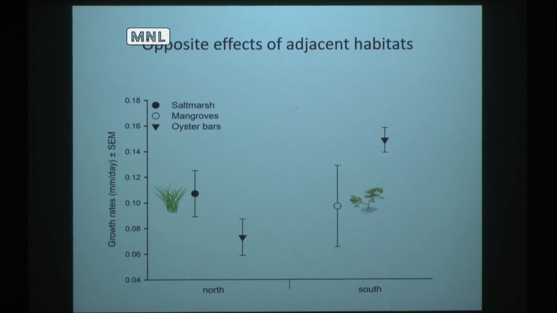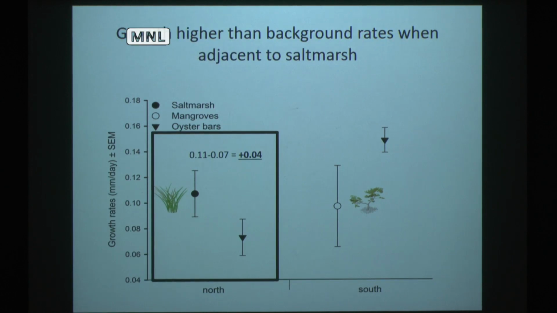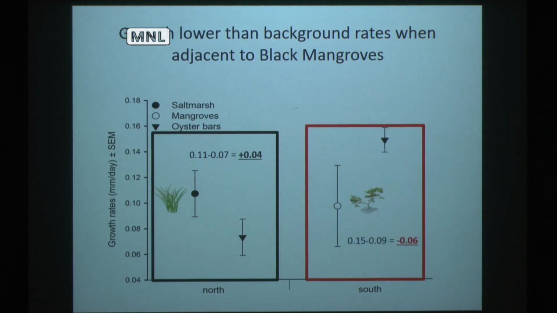Now, if we plot again our juvenile growth rates adjacent to salt marsh in black and adjacent to mangroves in white, we see this opposite effect again, where growth rates are higher adjacent to salt marsh and lower when adjacent to black mangroves.